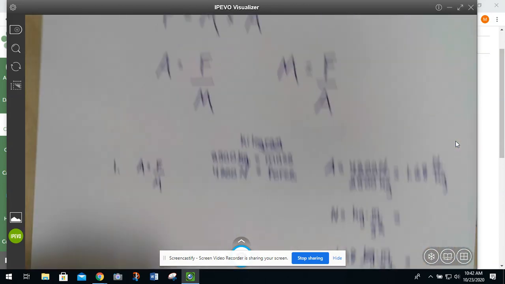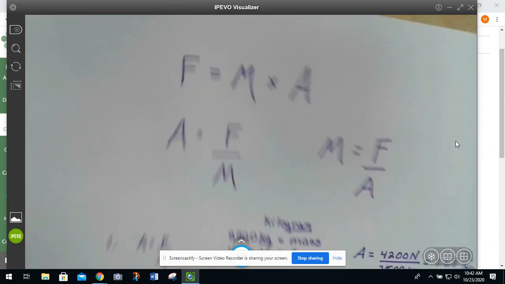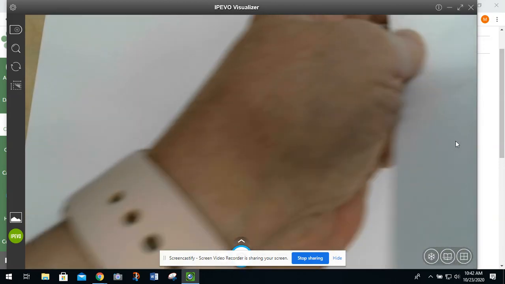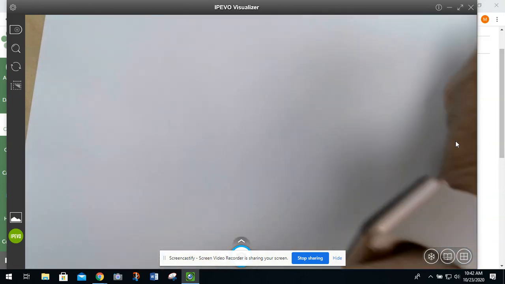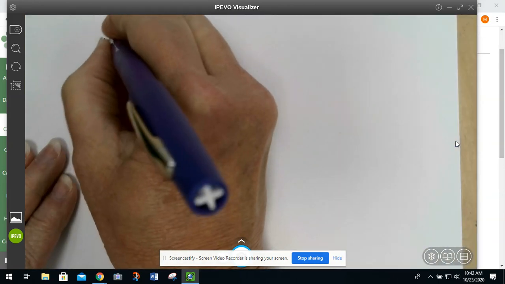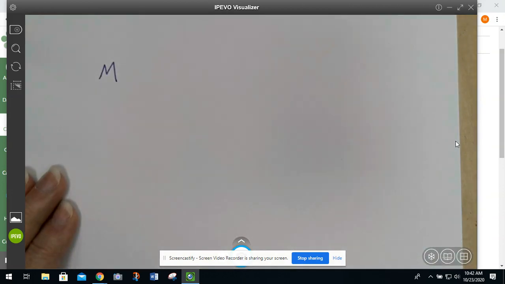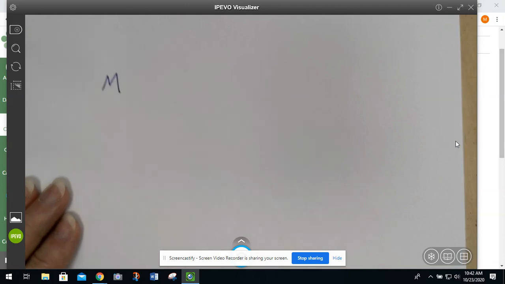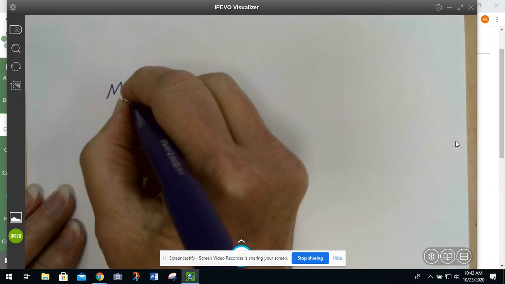All right, I'm going to do one more problem for you because I wanted to do an example of each. We've done an example solving for acceleration. We've done one solving for force, and so we'll do a final one that wants mass, okay? So problem 3 says, what's the mass of an object that requires 45 newtons of force to accelerate at a rate of 5 meters per second squared? So the formula I need, I'm solving for mass.